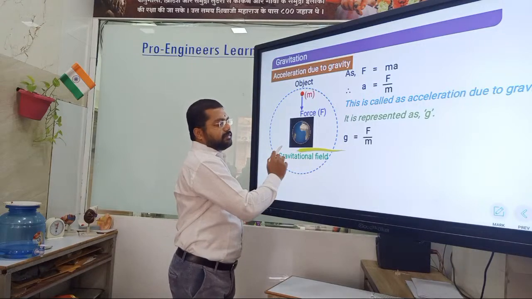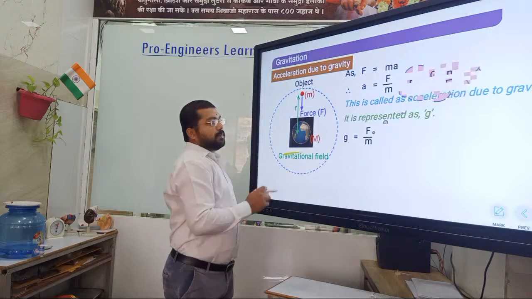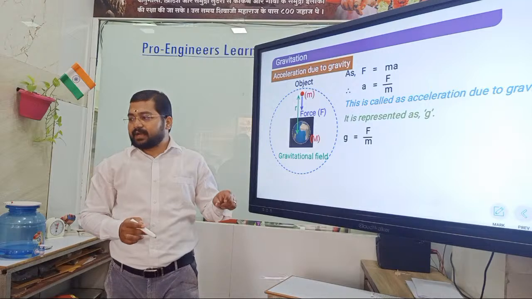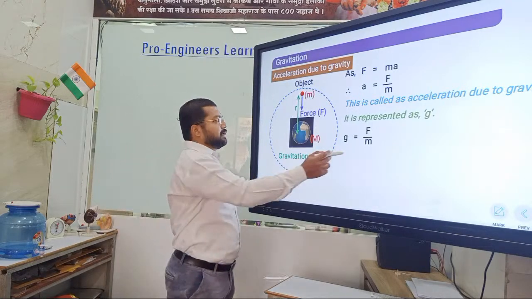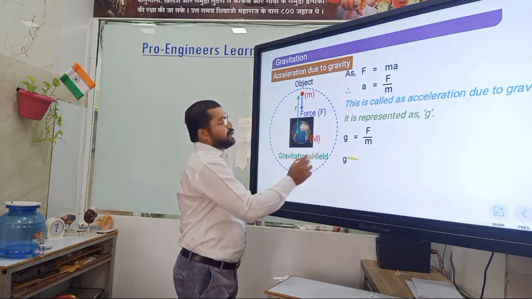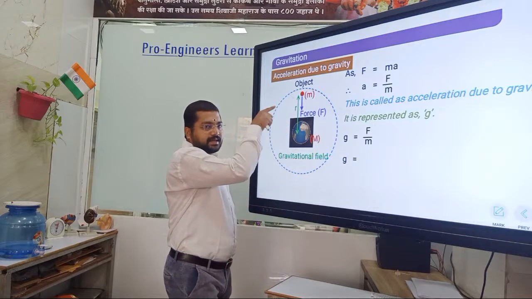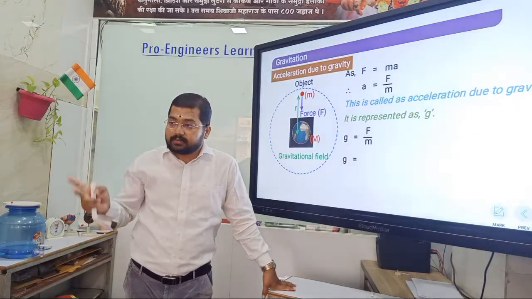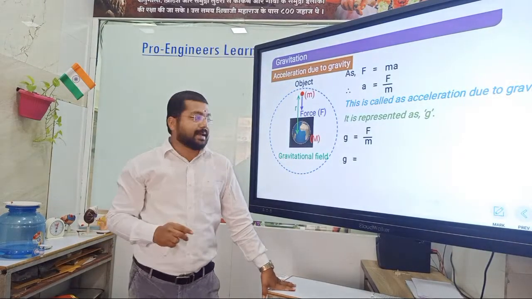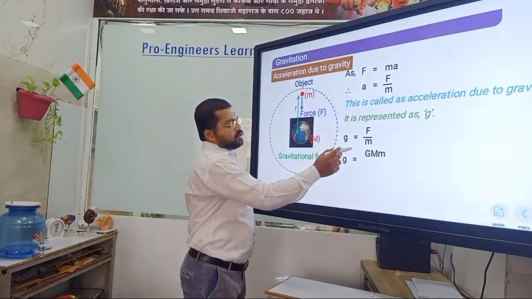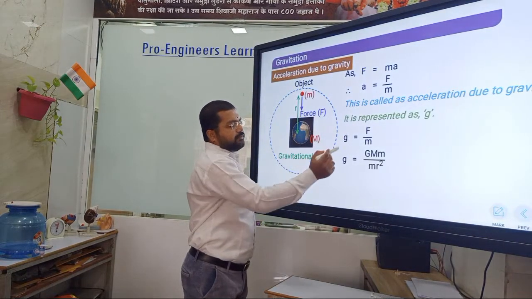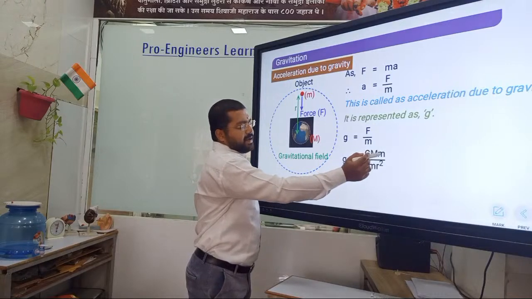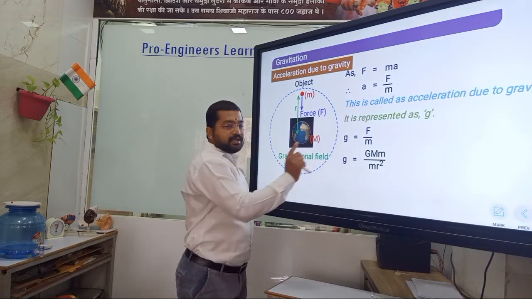Now we have to derive the formula, but we are aware that F is equal to capital G m1 m2 upon r square. Here two masses are there: the object, represented as small m, and the Earth, represented as capital M. So F will be represented as G, capital M, small m upon R square, and the initial small m was there.